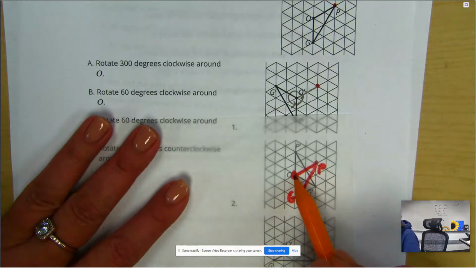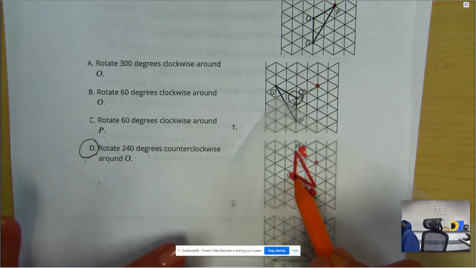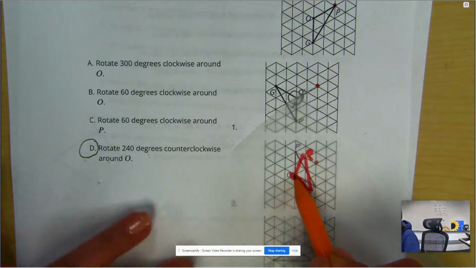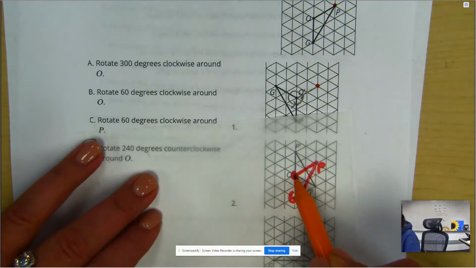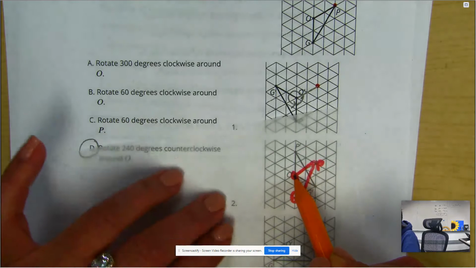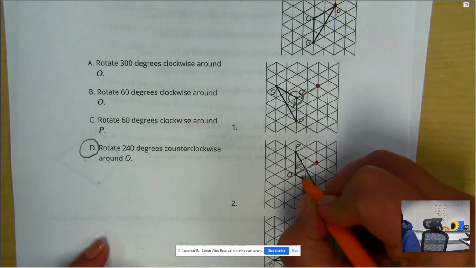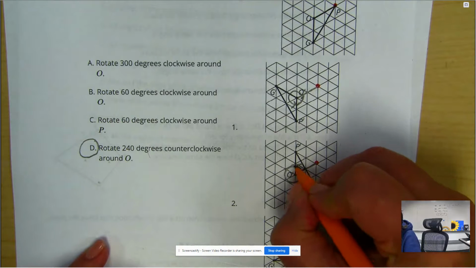Centered on O again. And I see that I could go 60 counterclockwise around O. That doesn't work though. They're challenging us this time. So if it takes me 60 to go this way, right? Look, 60 to go that way. How much is it if I go the other way?